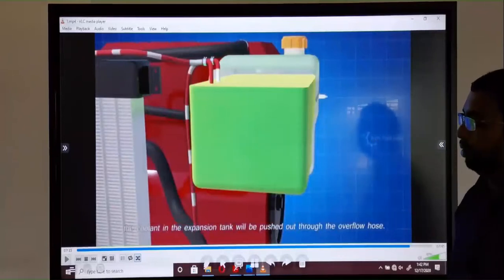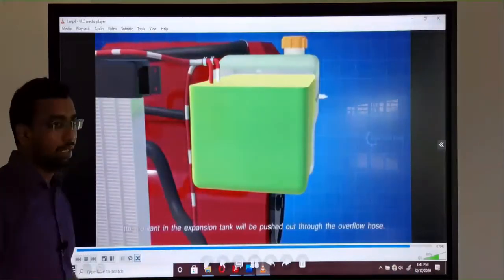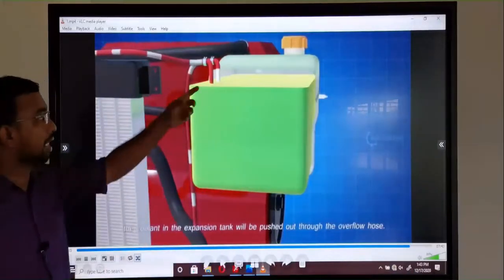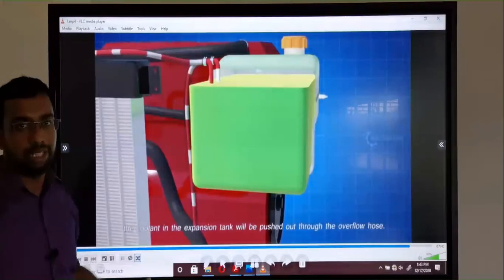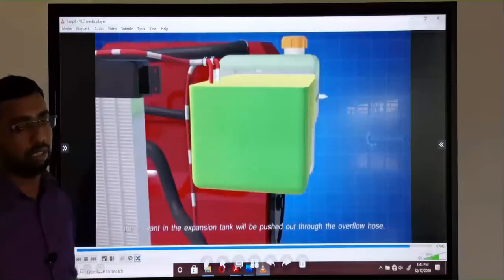Sometimes there are air bubbles in the tank. So how do we reduce the inside pressure of the tank?